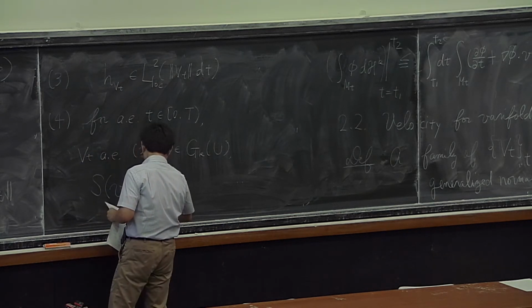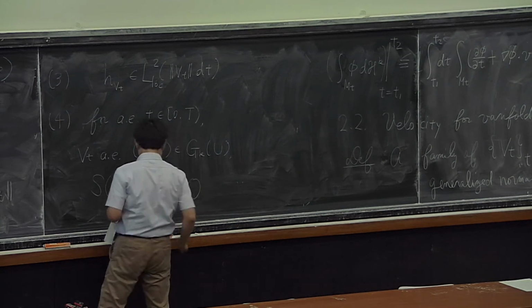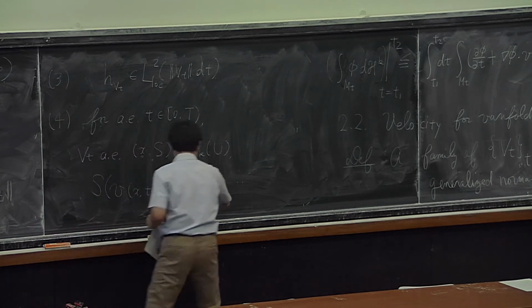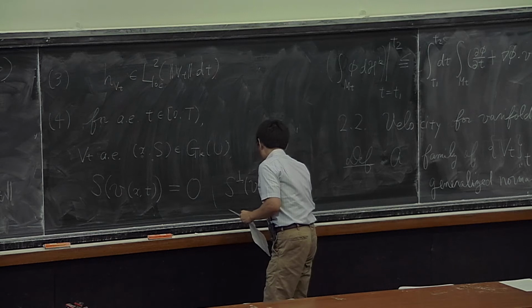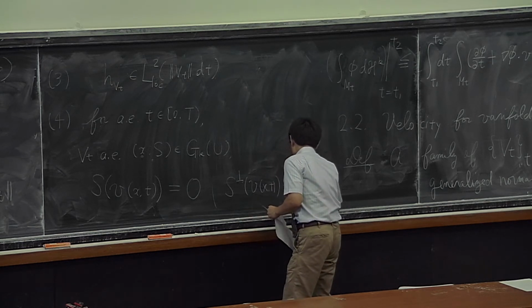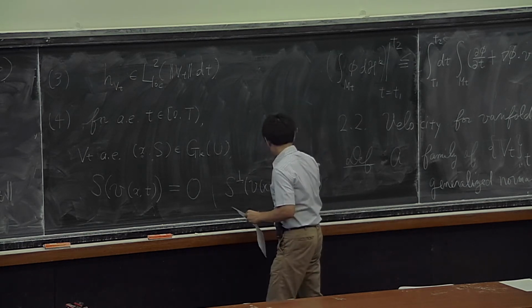So this has to be equal to 0. Or I may write this as S perp of v to be v. That's the same thing.